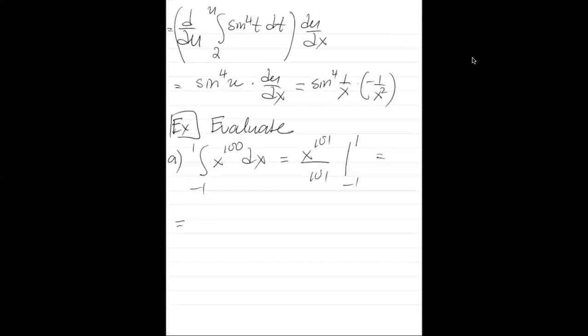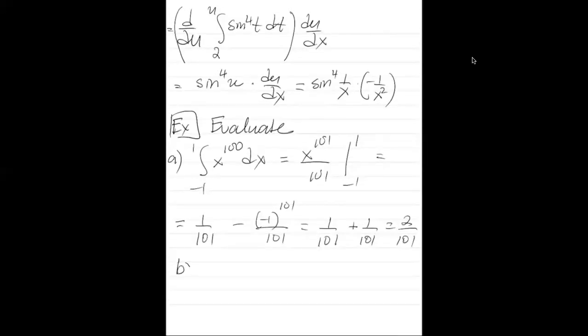So that is equal to 1 over 101 minus negative 1 to a power 101 over 101. So that is 1 over 101 minus... negative to an odd power is negative. With this, the negative becomes plus. And finally 2 over 101.